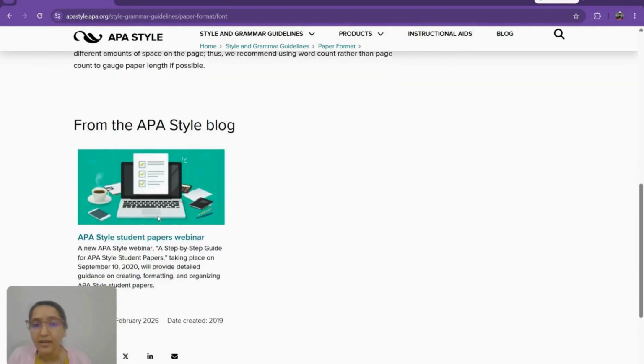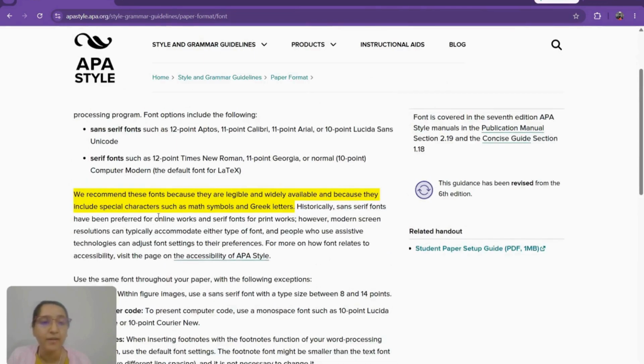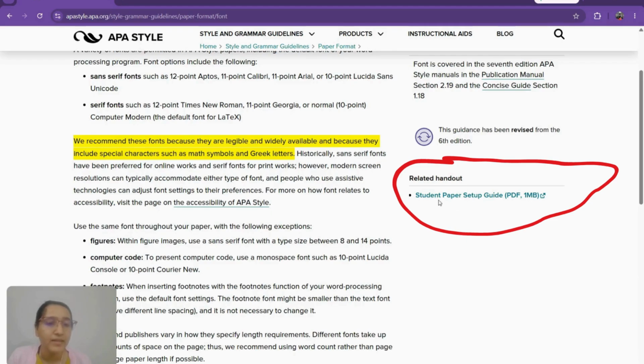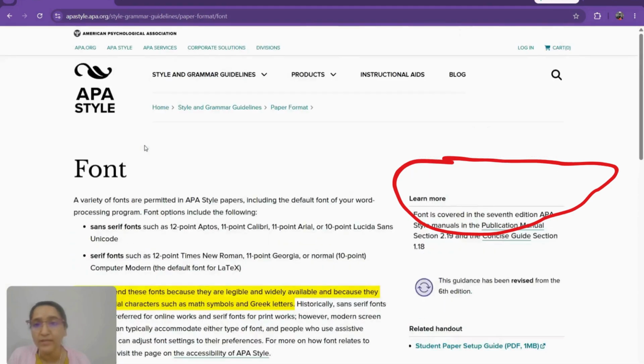And then there is similar other information. And important to note here is there is a related handout section on the right, and here is the PDF student paper setup guide, and you can download this. Click on and download this PDF, where you will find all the related information.